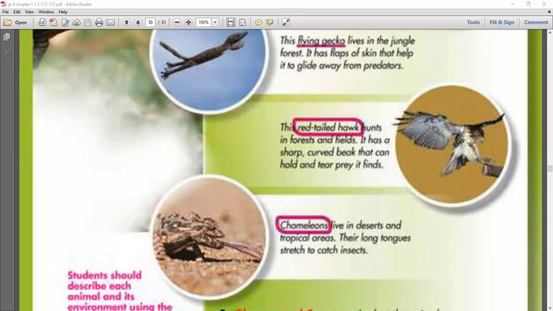The chameleon can change its color to surprise the insects it hunts, and it also makes it difficult to be seen by predators. And its long tongue can help in catching the food.